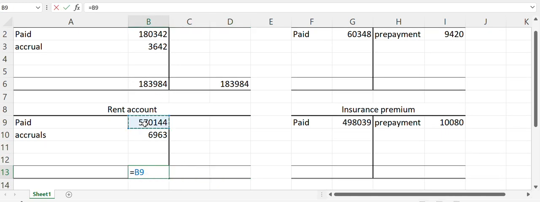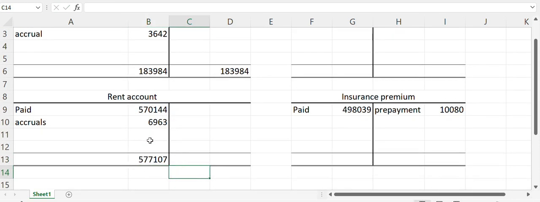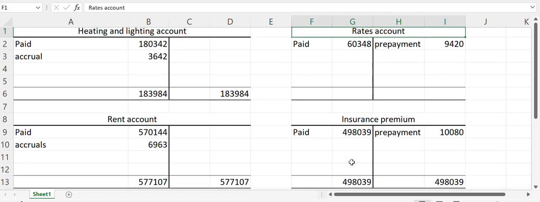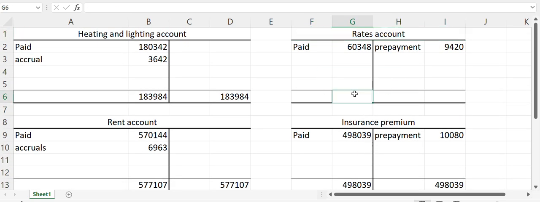This one plus that one. So that should be the total here, which is the bigger value. Again here, this is the bigger value.